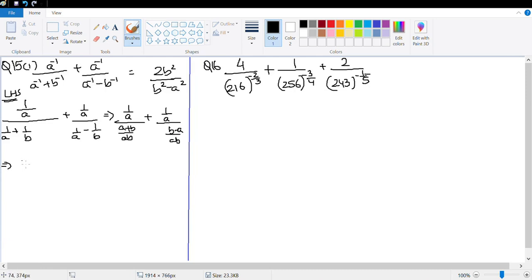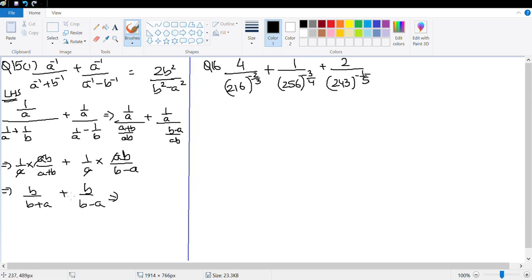So this becomes 1 upon a multiplied with ab upon a plus b. This is division of fractions, plus 1 upon a multiplied with ab upon b minus a. a and a gets cancelled, a and a gets cancelled, so I am left with b upon b plus a plus b upon b minus a. Let's take the LCM. The LCM will be b plus a multiplied with b minus a.